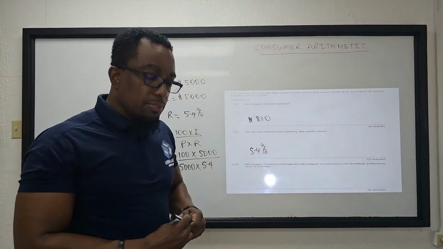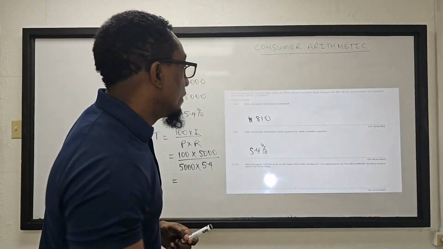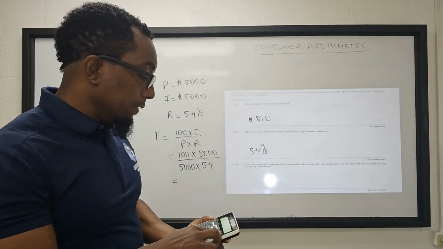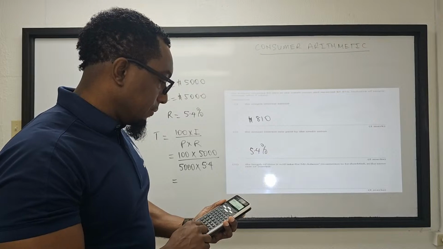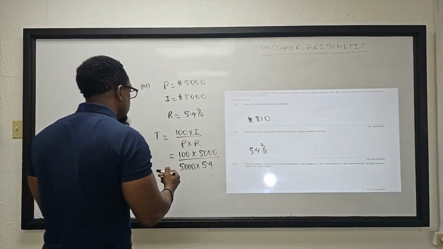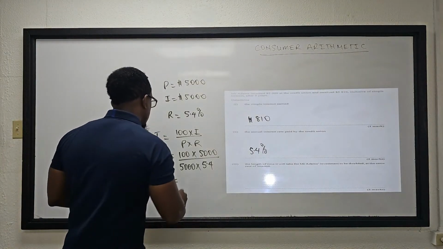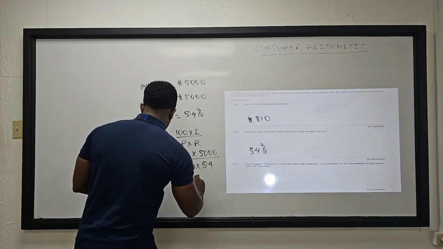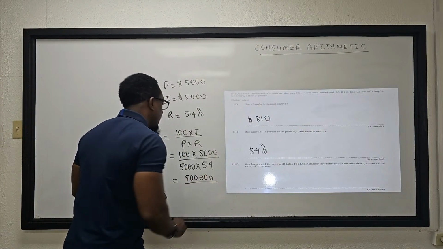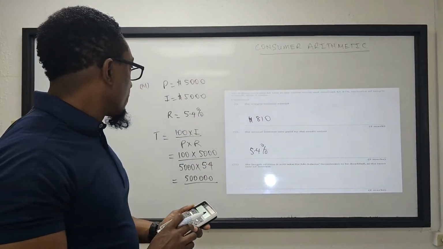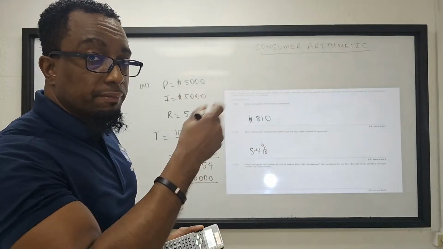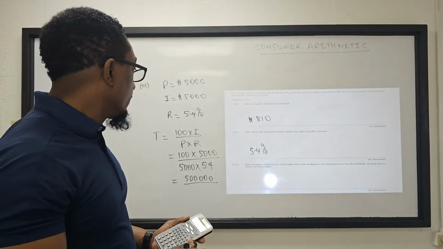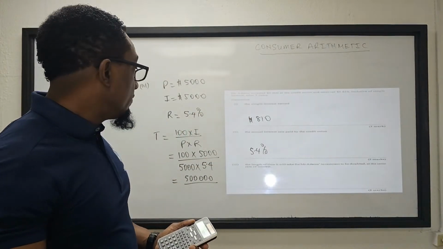So let's work it out and see what the time will be for the investment to double. My two 5,000s, we could have cancelled those two, dividing them into each other. So let's divide 100 by 5.4.